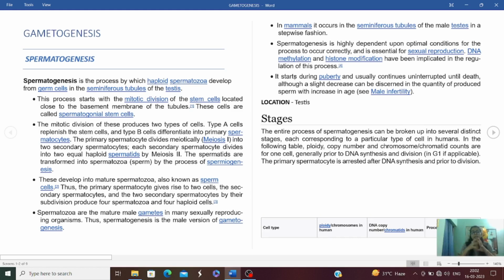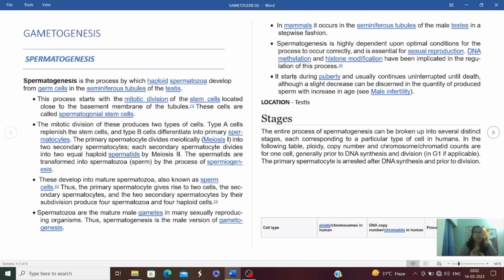It starts from puberty, and till the time of death the process of spermatogenesis takes place. The most important thing, what are the changes which take place during spermatogenesis? That is, DNA methylation and histone modification take place during spermatogenesis.